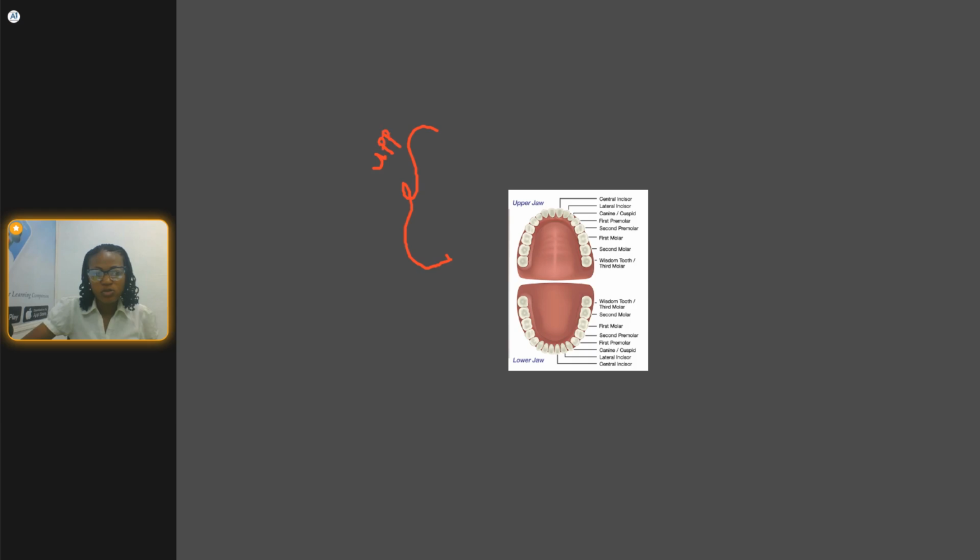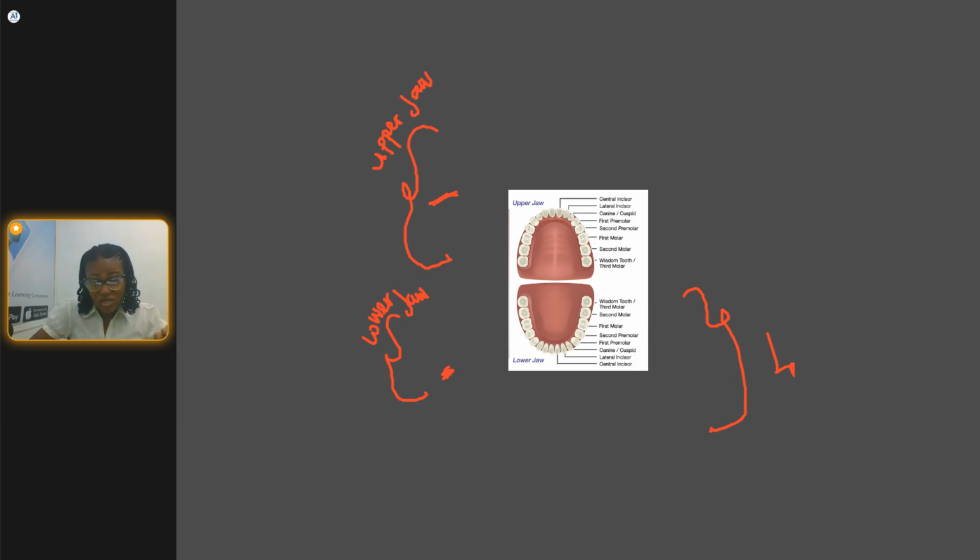And you have the lower jaw. This is the lower jaw. As you can see, we have the upper jaw and the lower jaw here on the board.